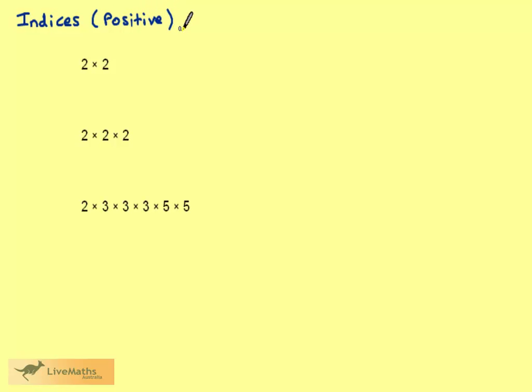As you progress through GCSE, you'll find that there are indices other than positive whole numbers, but we don't need to discuss these here. 2 times 2 can be written as 2 squared, or 2 to the power 2. The small 2 above here is known as a power or as an index.